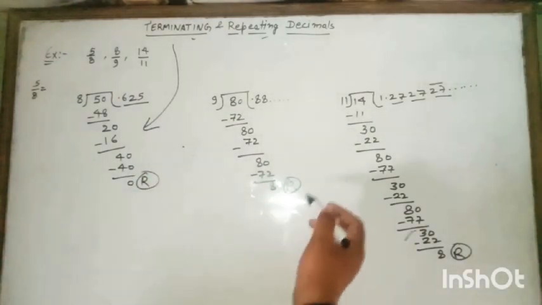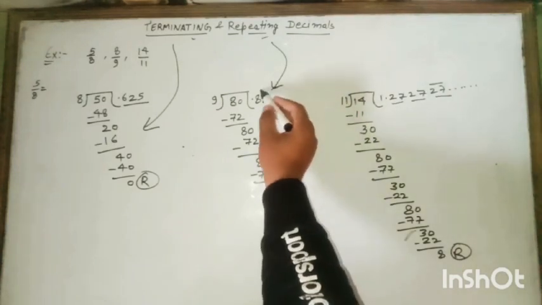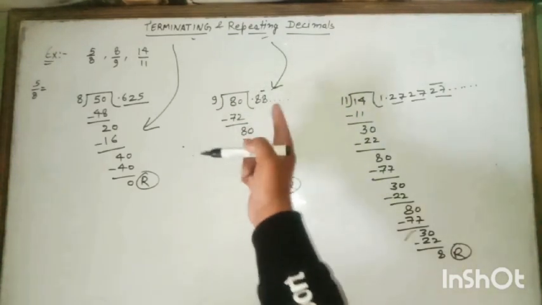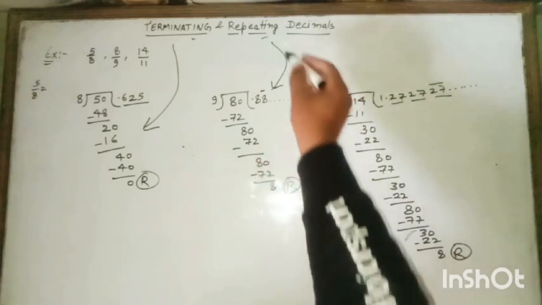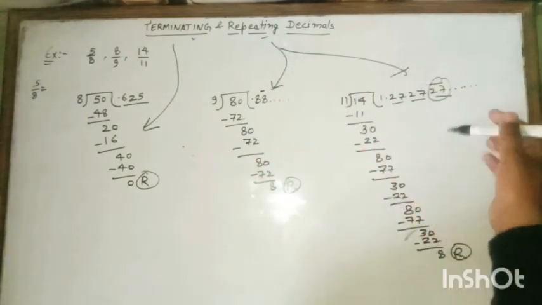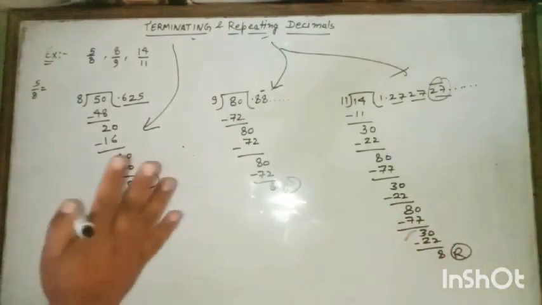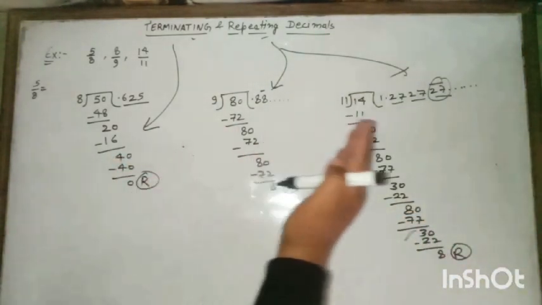In the repeating decimals, you can see 0.8888, the repeating digit here, so it is a repeating decimal. In the same way, here the two digits 2 and 7 are repeating again and again, so this is a repeating decimal. Now it is clear what is terminating and what is repeating.